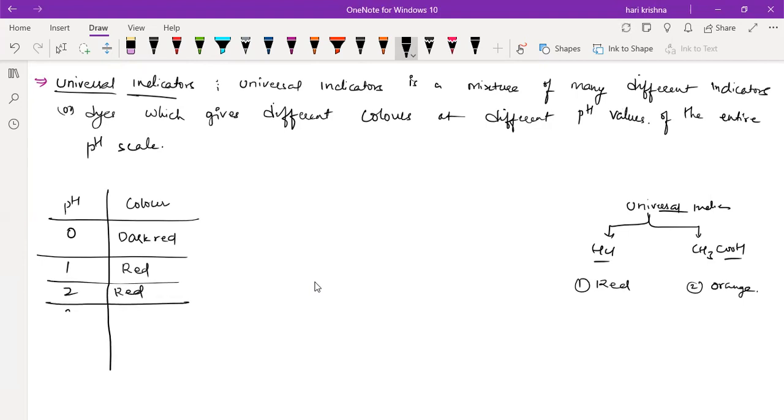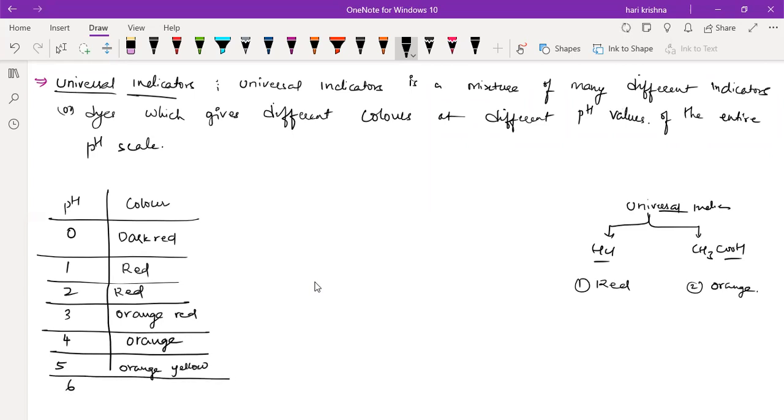Whenever the pH is 3, it is an orange red. pH 4 is orange. pH 5 is orange yellow. pH 6 is a greenish yellow.